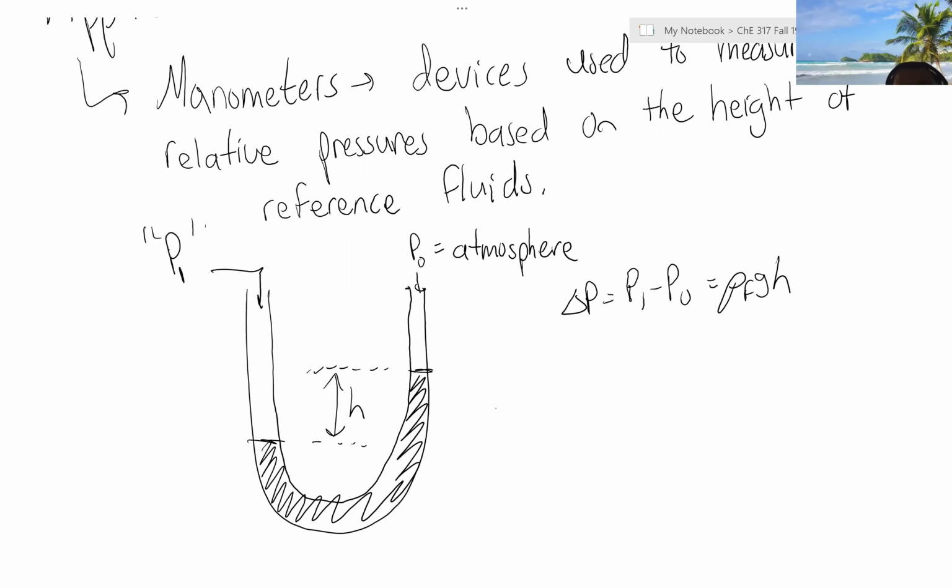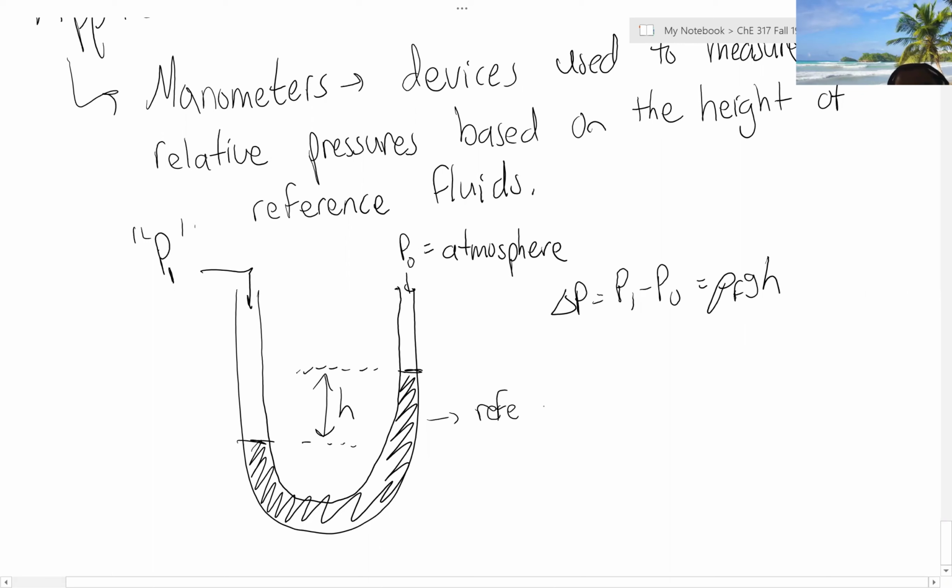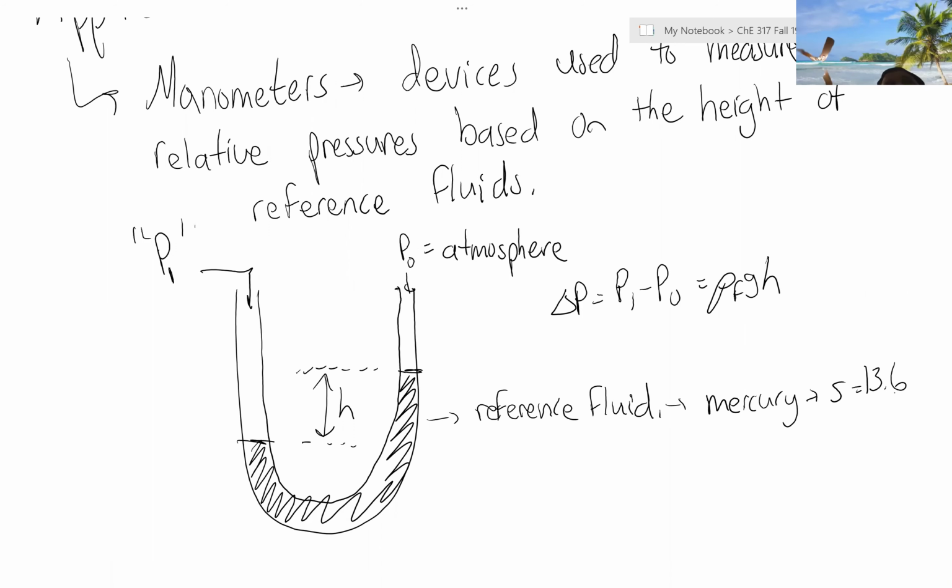In terms of the reference fluid, a lot of times historically you've seen mercury used because its specific gravity is so high, 13.6. So it was a really dense fluid. So large fluctuations in pressure would result in very minor changes in height. So you didn't need a large manometer.